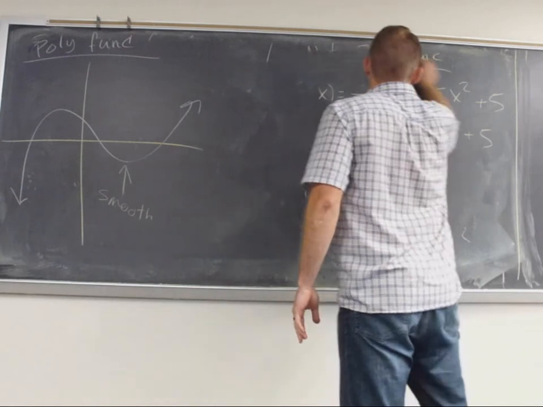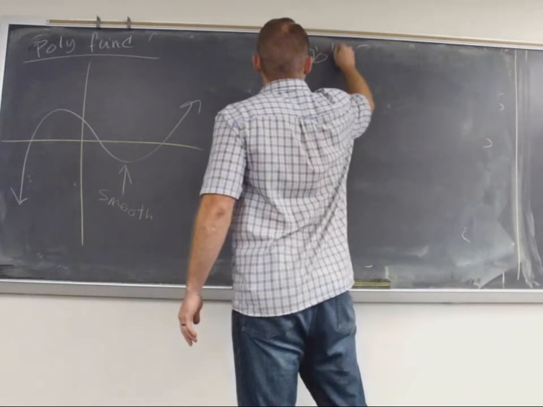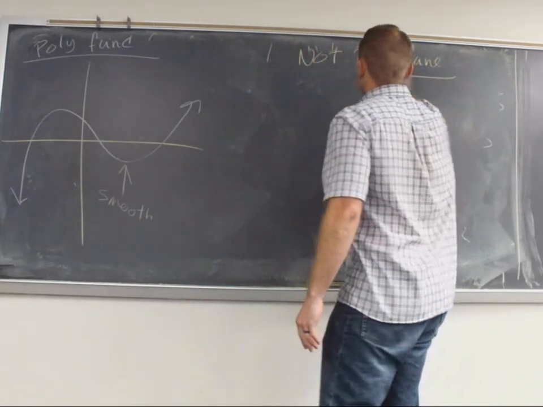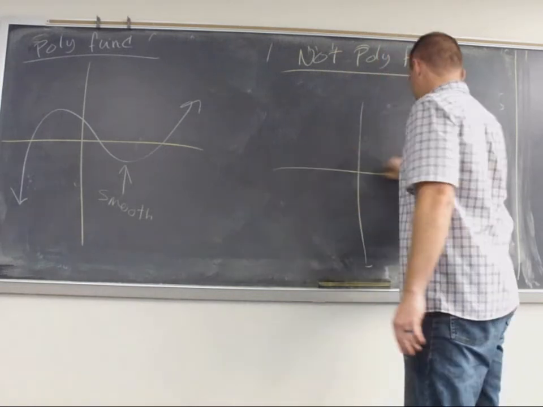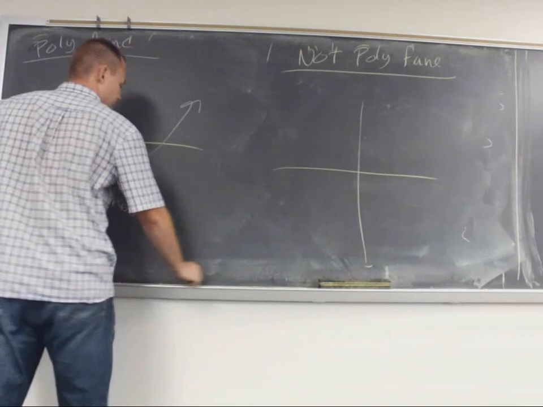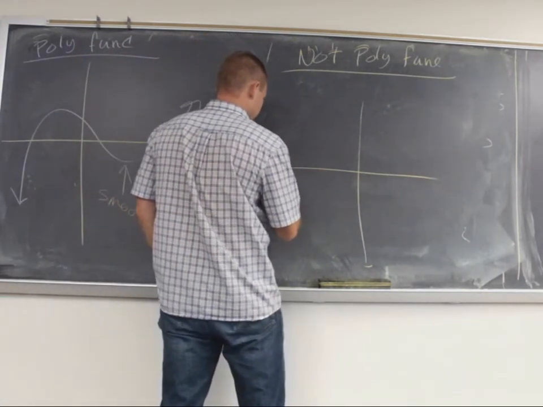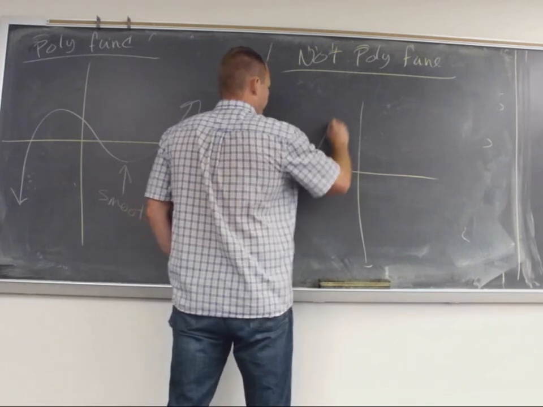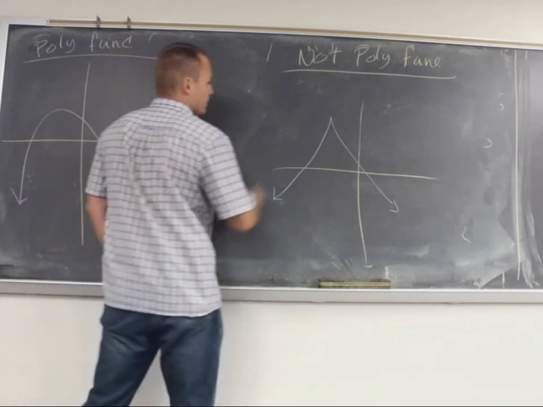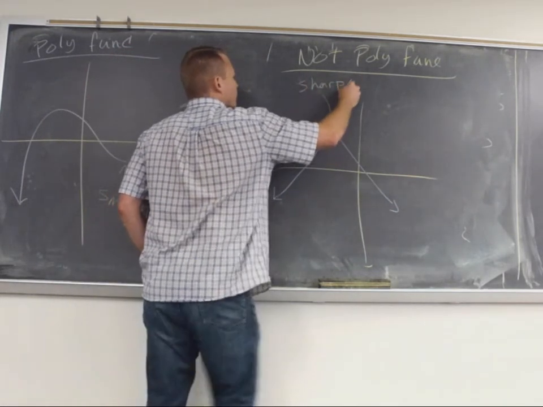And then not a polyfunc. We have another graph here. You cannot have something like, let's see if I can draw it in. This is not a polynomial function because it's sharp, or it's a point.